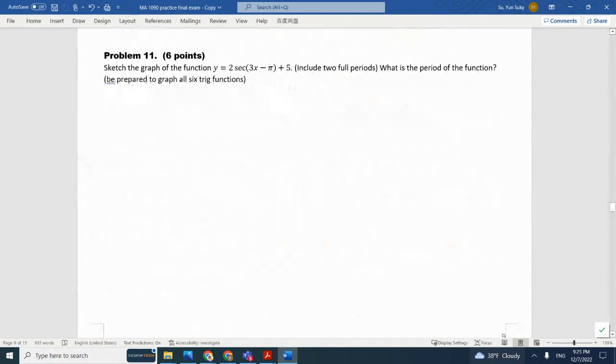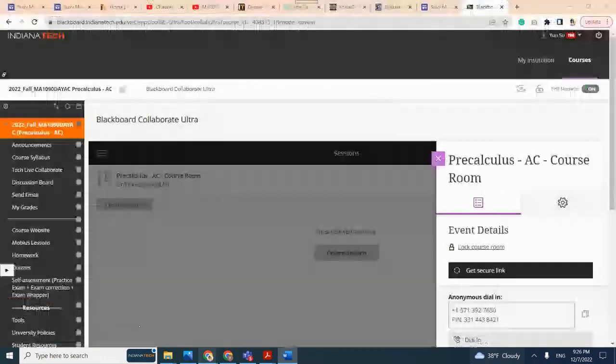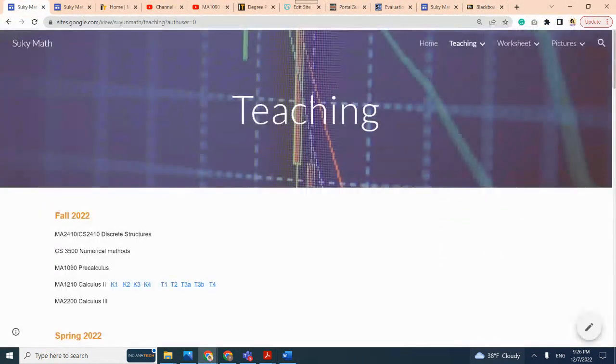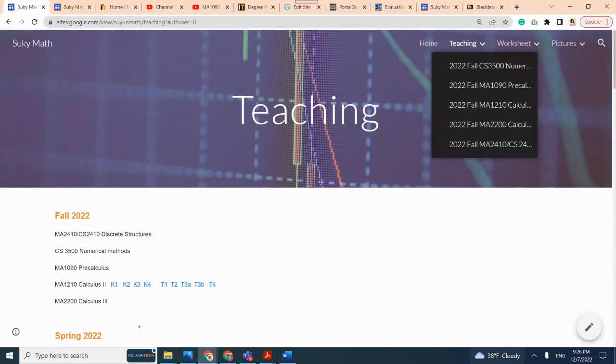Awesome. Okay, so here, sketch a graph of a trig function. You need to be prepared because you don't know which one I'm going to ask you. So be prepared for all 6 trig functions. Well, in this case, the formula will be very useful.